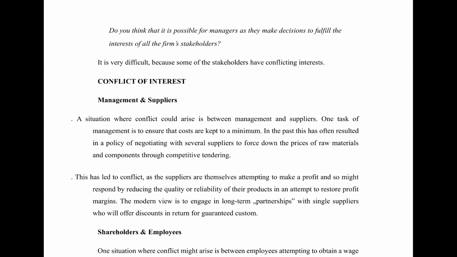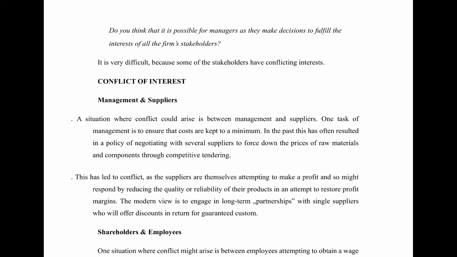A situation where conflict could arise between management and suppliers would include the following. We know that one task of management is to ensure that costs are kept to a minimum. So in the past, this has often resulted in a policy of negotiating with several suppliers to force down the prices of raw materials and components through competitive tendering.